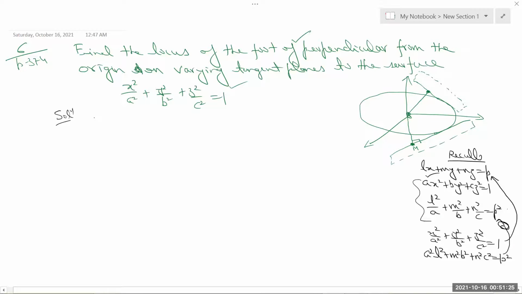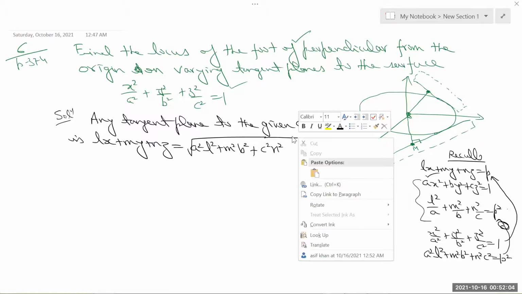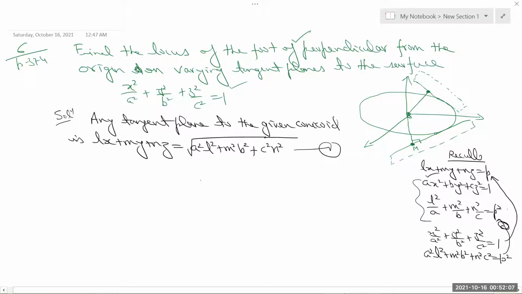So from here I can say that any tangent plane to the given conicoid is Lx plus my plus nz equal to, in place of p, one can write p as under root a square L square plus m square b square plus c square n square. Let me call it equation number 1.